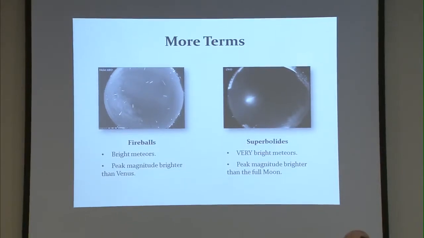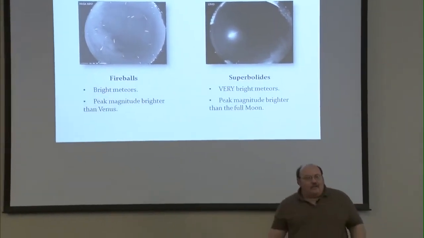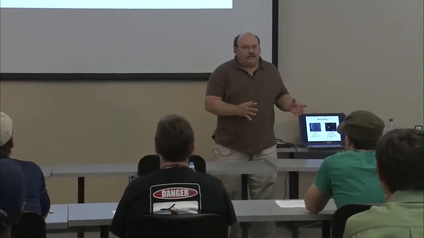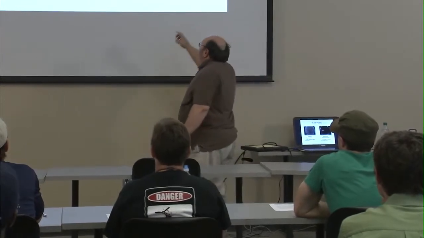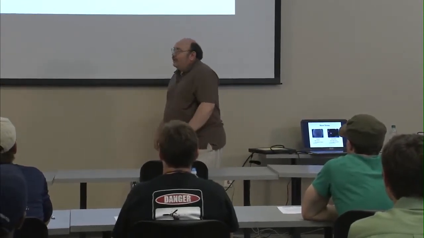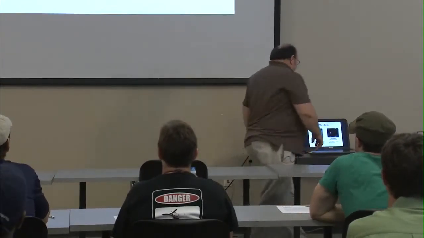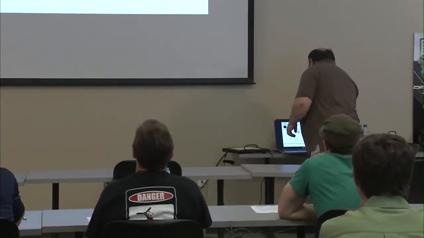Okay, these are rather rare. SuperBolides don't happen very often, but when they do, they get a lot of attention if it's over land. So a fireball is a meteor brighter than Venus, and a SuperBolide is a meteor brighter than the full moon. What happened over Russia was most definitely a SuperBolide.